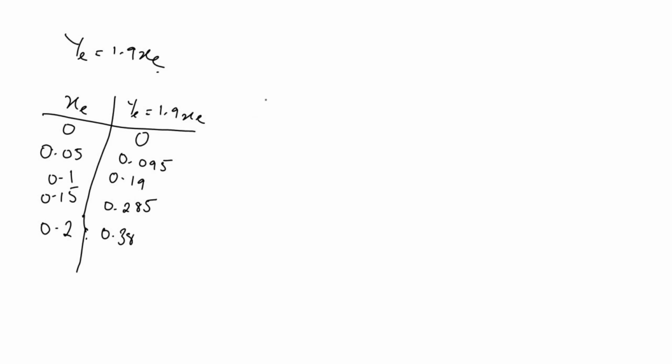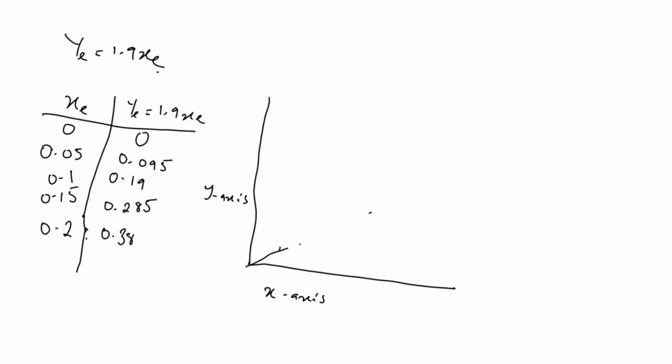So to determine the number of stages, I will plot. This is a graph with X and Y axes. On this plot I will find where my values of X and Y for the operating line are, and after finding the values, I will plot my operating line.